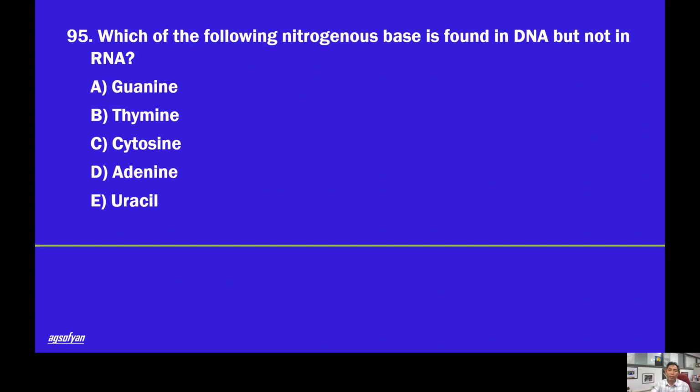Yep, the one that is found in DNA only, not in RNA, is thymine. 96. Which of the following nitrogenous bases is found in the RNA but not in DNA? Guanine, thymine, cytosine, adenine, uracil. Choose your answer. Yes, the answer is uracil. Uracil is only present in RNA.